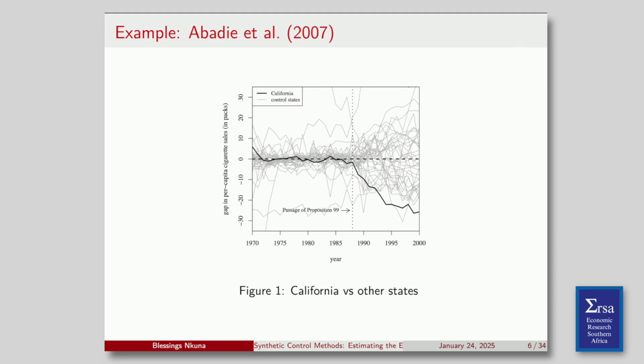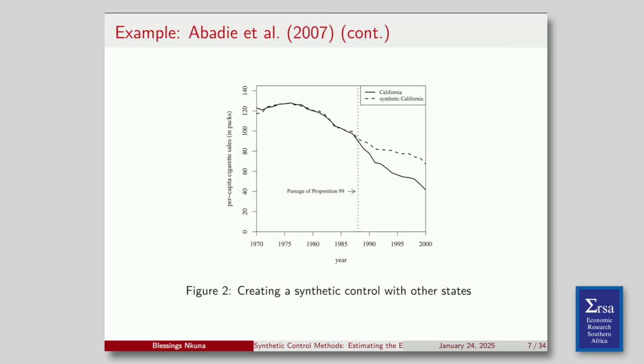After you subtract the synthetic version of California from California, you can see the treatment is zero before the policy takes place, and you can see it goes down to negative 30%. So in this case, the policy had an effect of a decrease of 30% on cigarette sales after it was implemented. So yeah, that's what we're hoping to see.